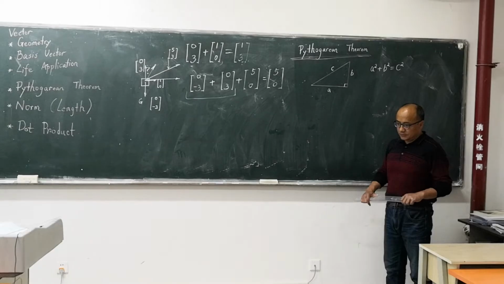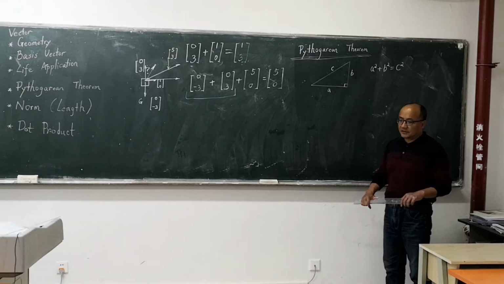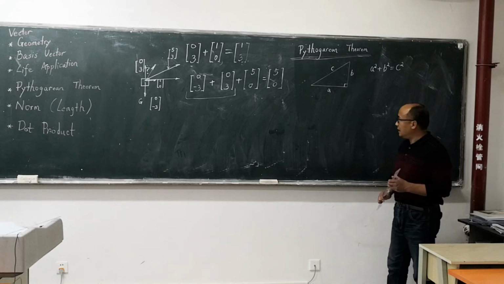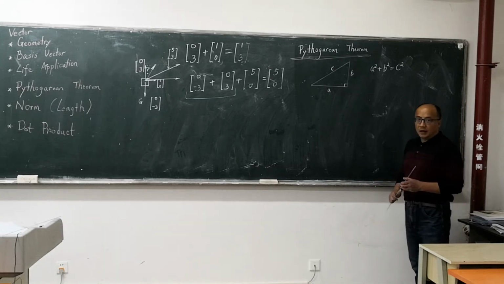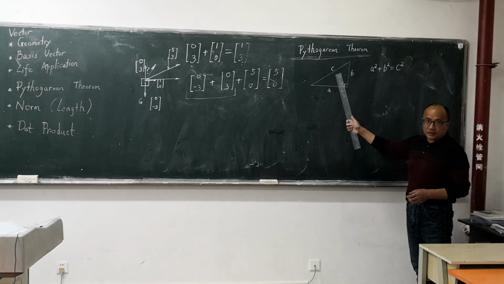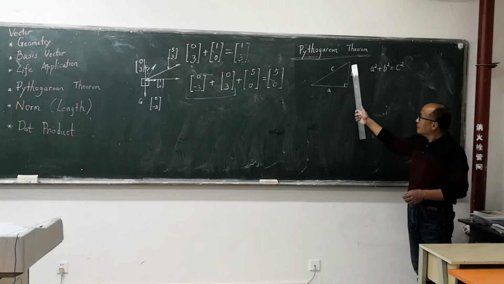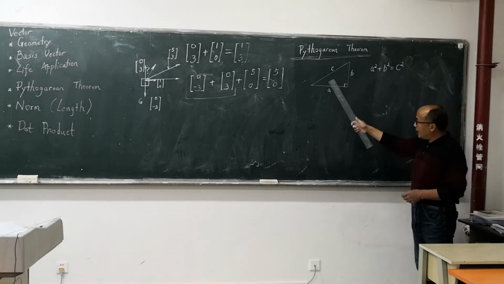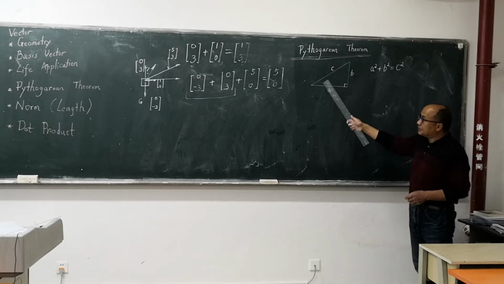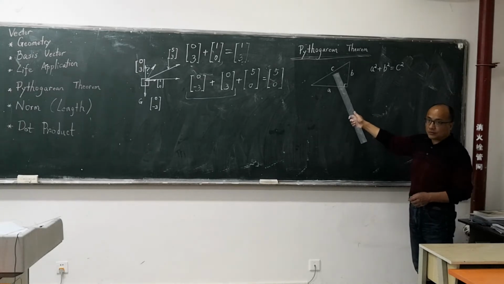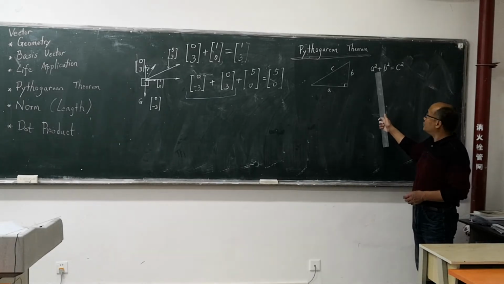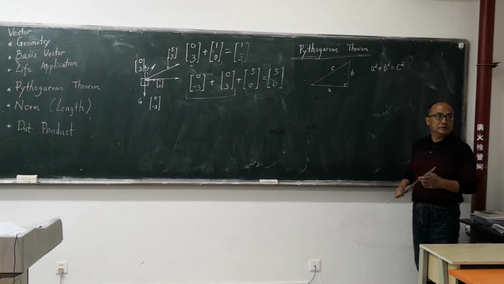Is the most fundamental theorem. And you will see a little bit later. Do you know what it is? What is it talking about? A right triangle. The hypotenuse, this is called the hypotenuse, right? C squared equal to A squared plus B squared.